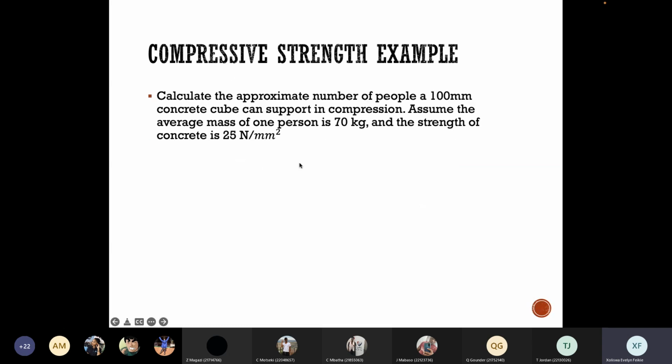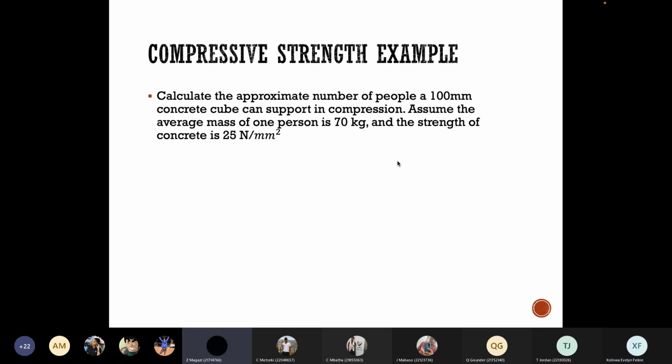So he says the first thing we need to do is to determine the force, right? Because the question wants the approximate number of people the cube can support in compression. So that's why I'm saying he needs to give me a value and tell me how he got to it, or if there's anyone who believes that yes, we can.